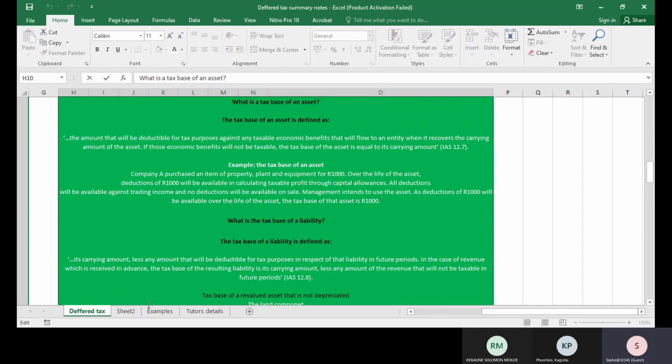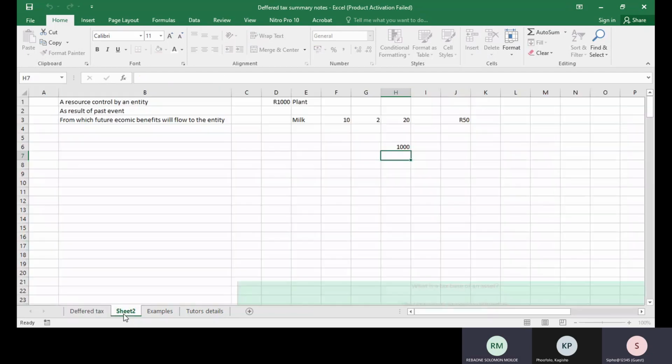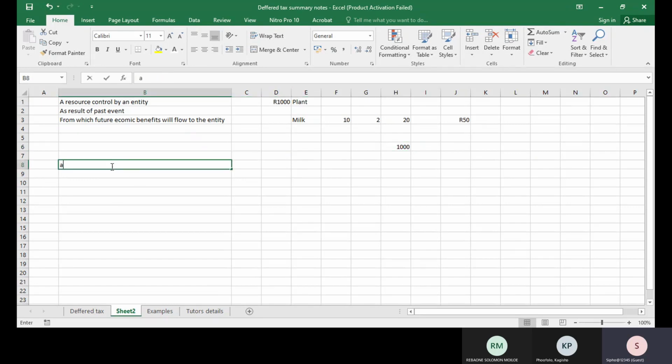But let's go back to our example. So now, SARS knows that using this plant, you're going to generate revenue for 50 years of 1,000. So now SARS is going to give you allowances for using this plant.